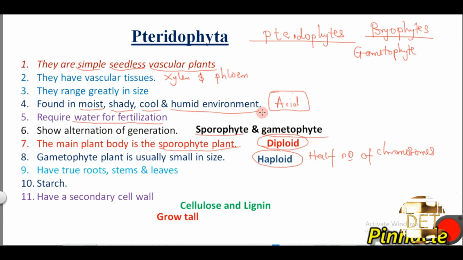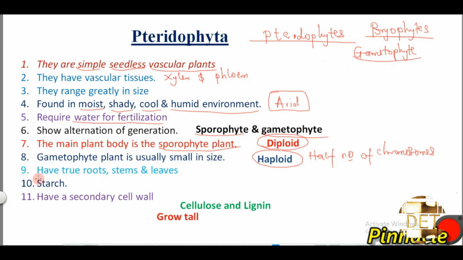Both exhibit alternation of generation, but the main plant body in pteridophytes is the sporophyte, while in bryophytes it is the gametophyte. That's a major difference between the two.